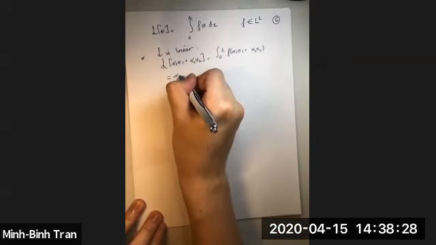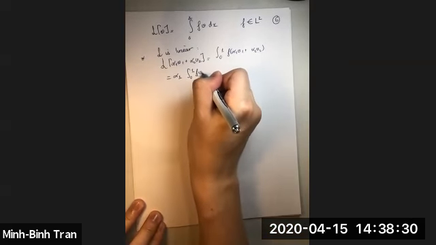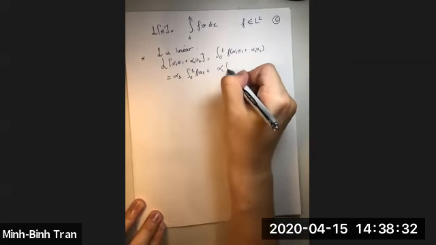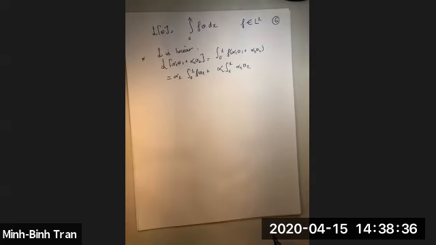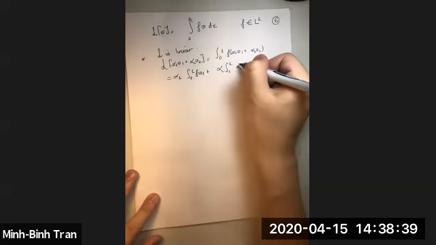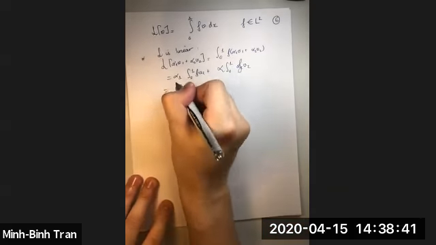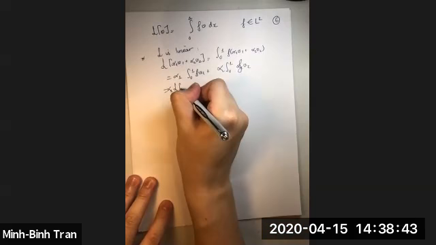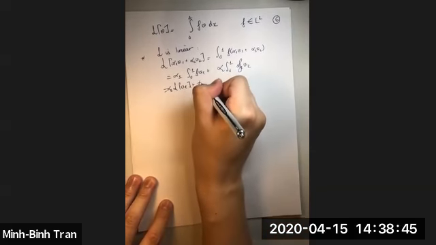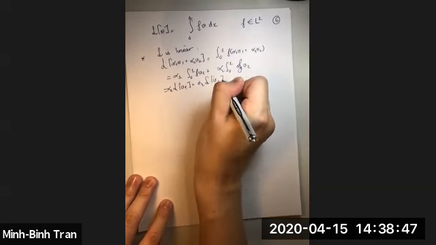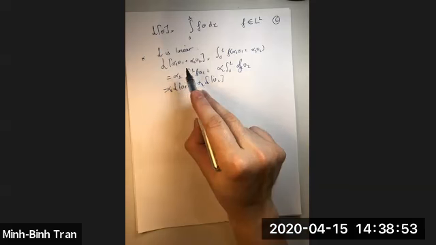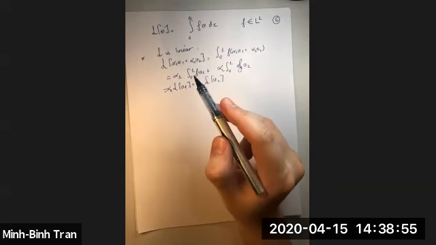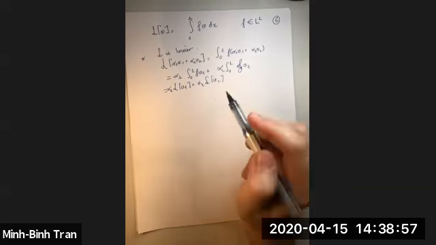And this is alpha 1 times the integral from 0 to 1 of f V1 plus alpha 2 times the integral from 0 to 1 of f V2. And this is alpha 1 L V1 plus alpha 2 L V2, all right? So L is linear, which is standard.